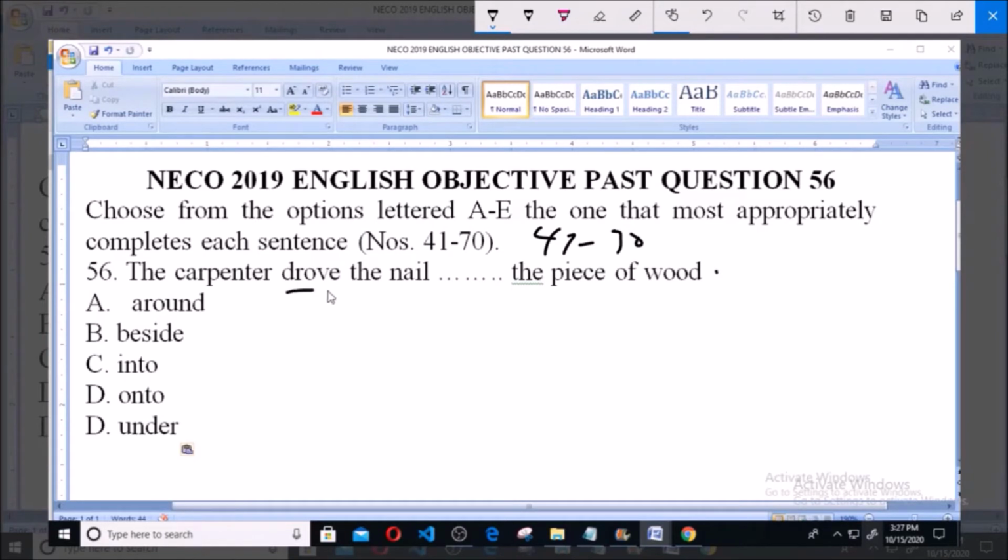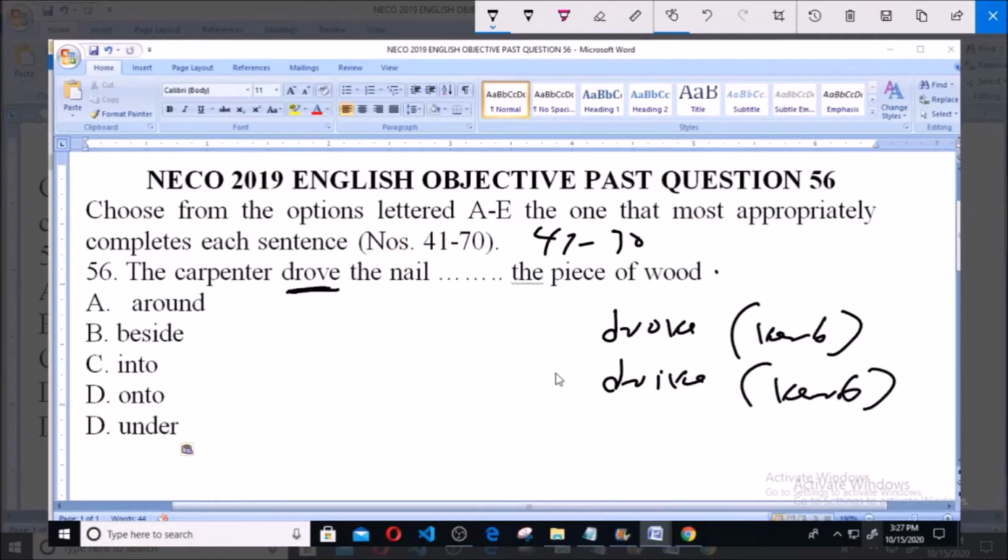The word drove is a verb, and it is the past tense of the verb drive. This particular verb is what we call an intransitive verb.